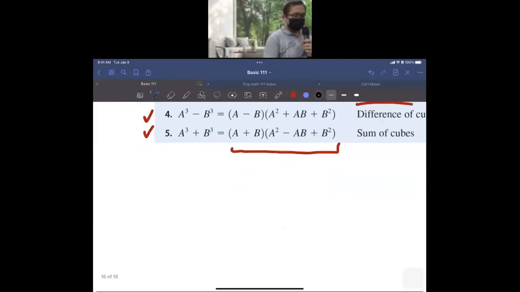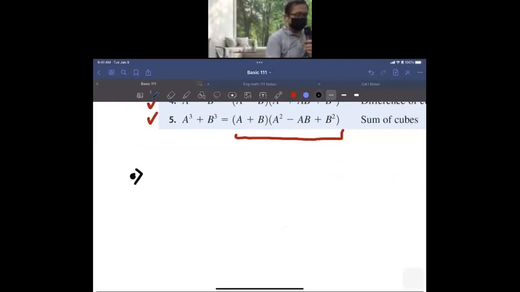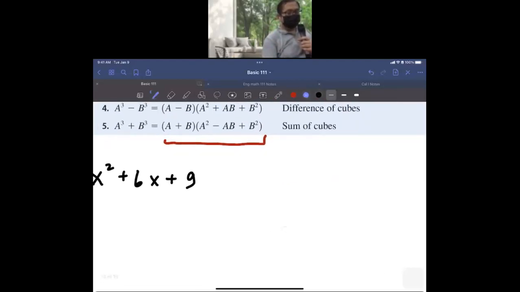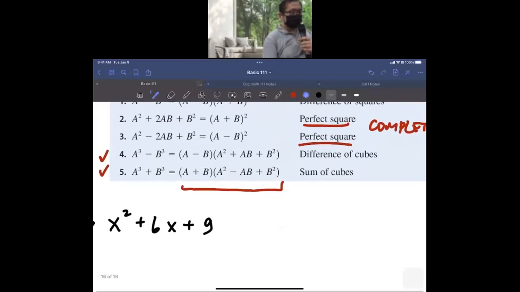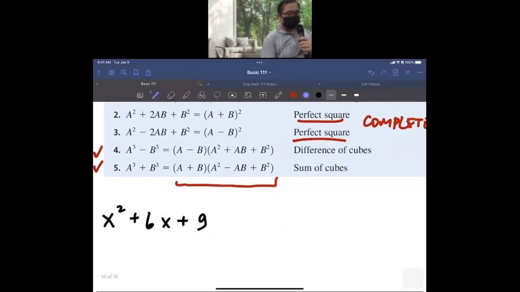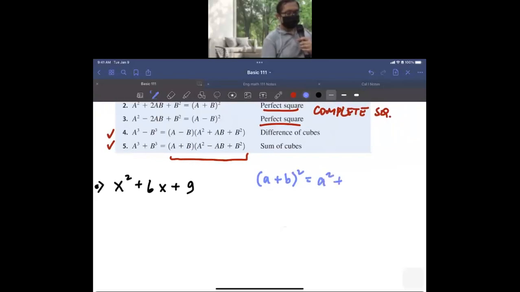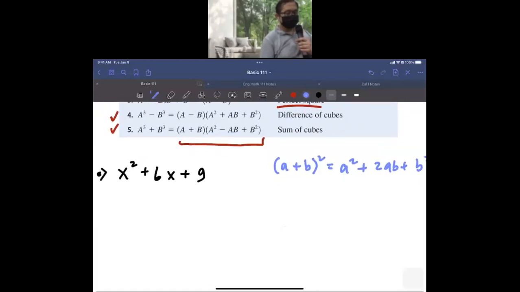Okay, to recognize the perfect square, let me just give you some illustrations. For example, if you have x squared plus 6x plus 9. Now the perfect square, because you know that it came from, let me write, a plus b squared is equal to a squared plus 2ab plus b squared.